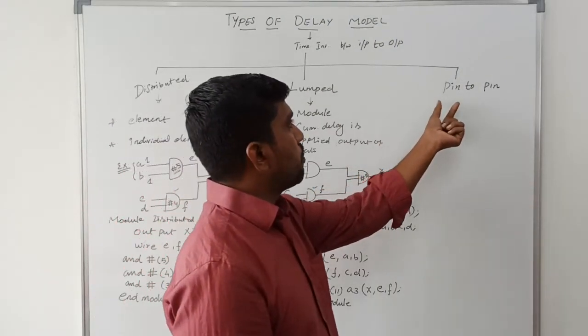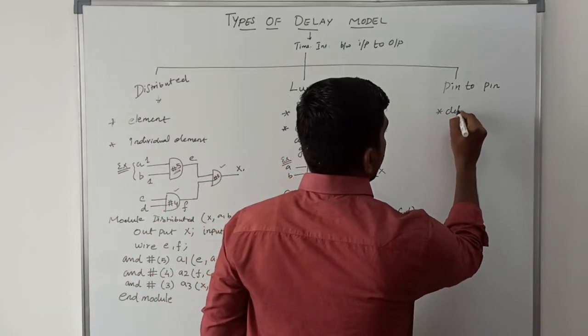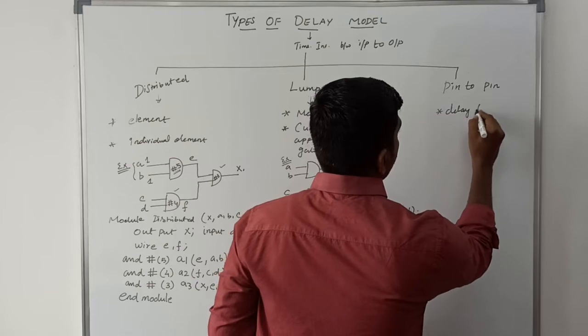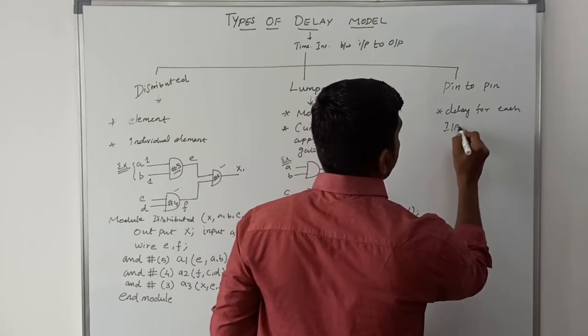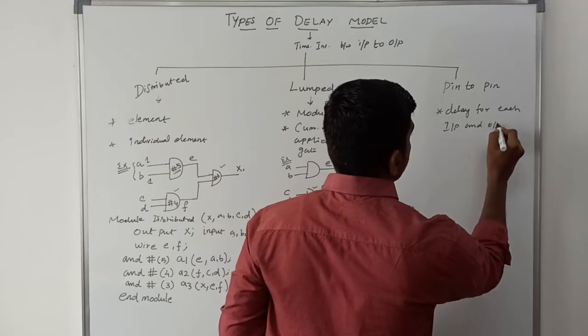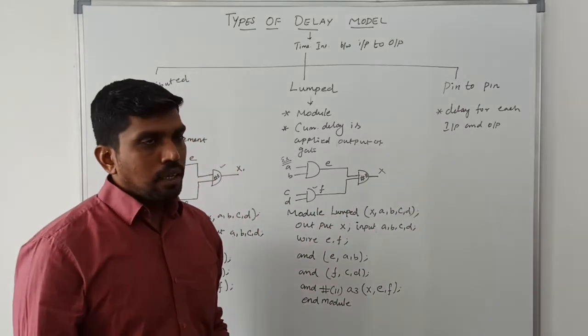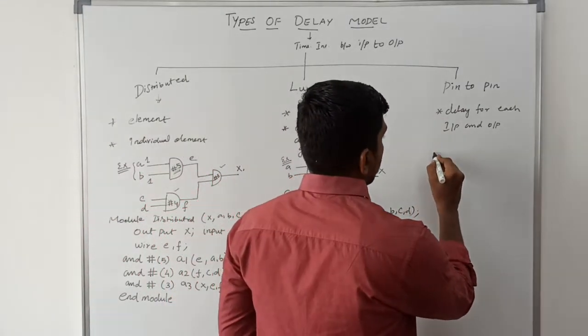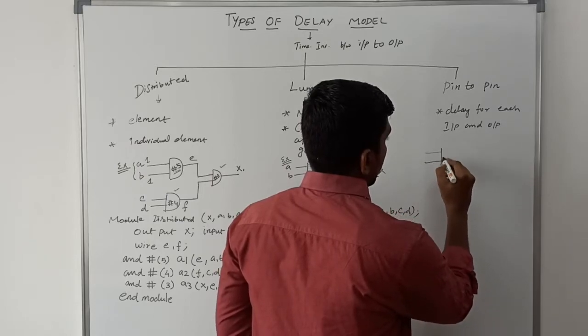Then the third one is pin to pin. In this pin to pin, you assign the delay for each input to output path. For example, I draw the logic circuit for pin to pin.